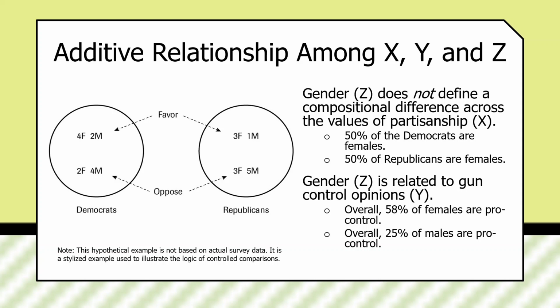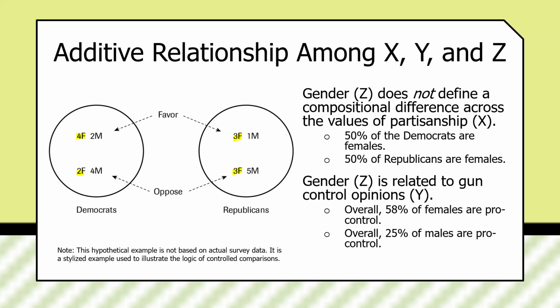And it is not. Over here we see that 6 of the 12 Democrats are females, and then 6 of the 12 Republicans are females. So right away, we don't have to worry about spuriousness at all because we have no compositional difference across values of X. And that's a good thing.